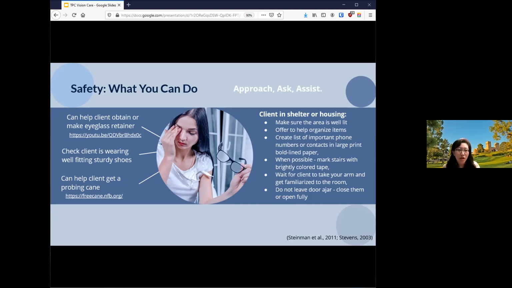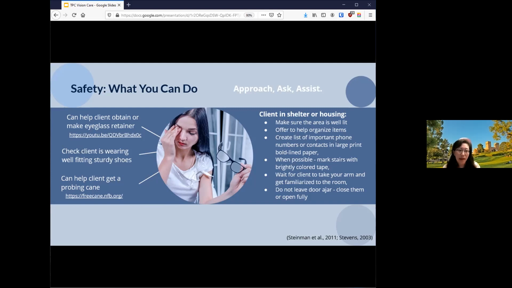You can also check your client's shoes and make sure they are fitting well to prevent tripping and falling. Another safety precaution is to help your client get what's called a white cane. It's a long cane used for probing and detecting objects in the client's way by sweeping it back and forth in front of them. And I attached the link to an application for a free cane.